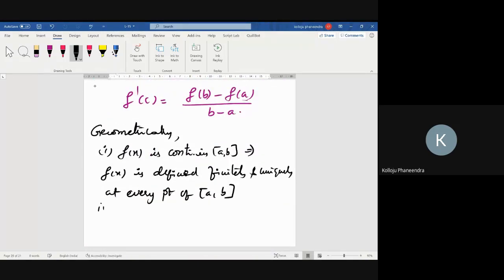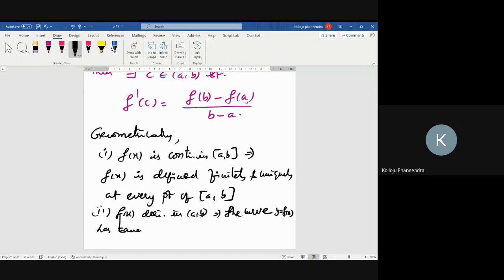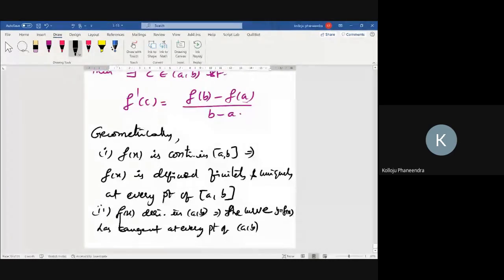And the second one, f of x is derivable in open AB, means the curve y equal to f of x has a tangent at every point of open A comma B.